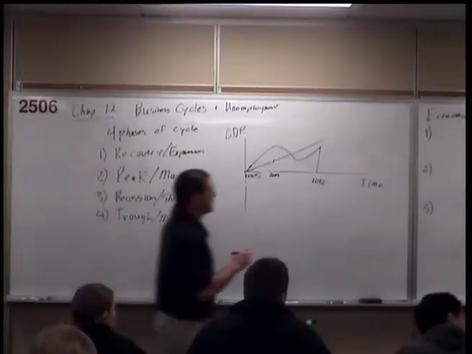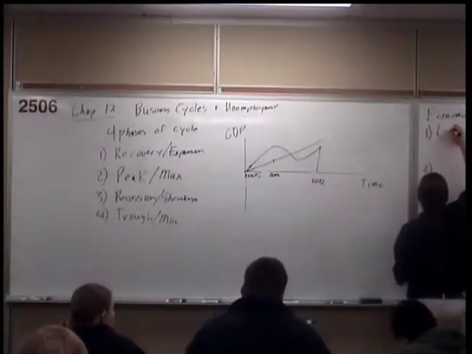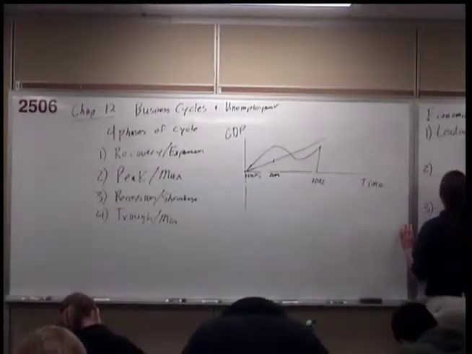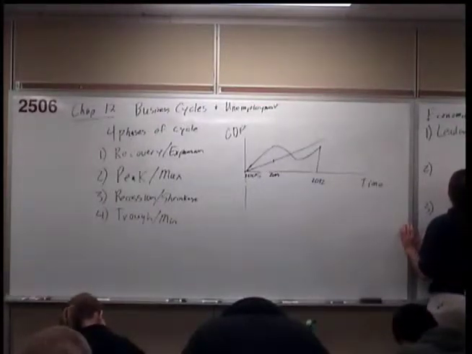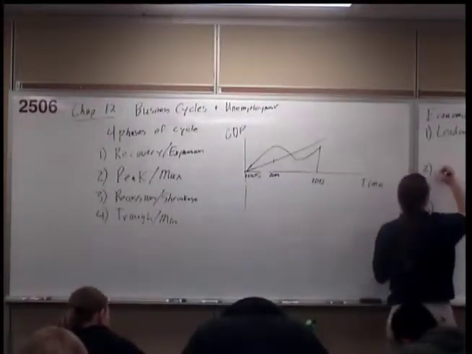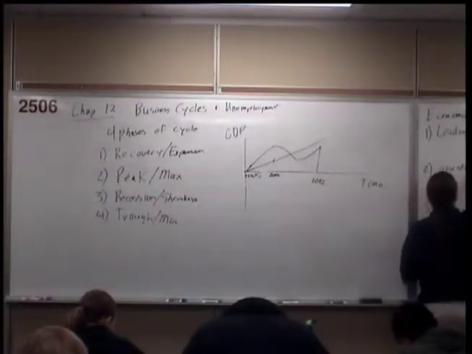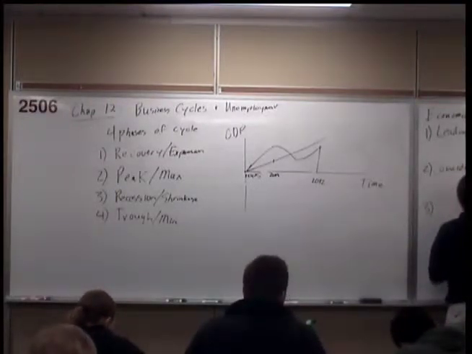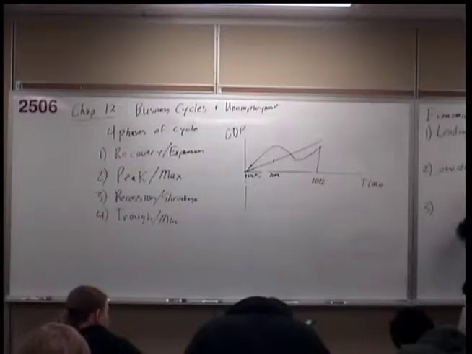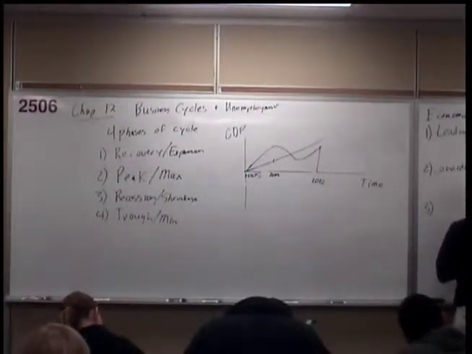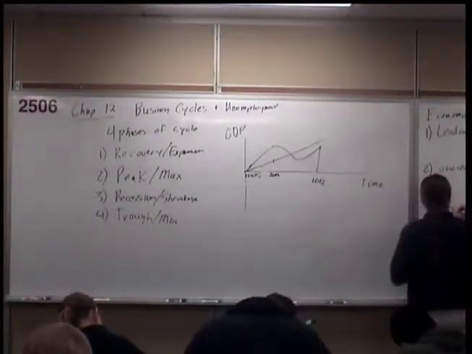There's just 3 different types. Leading indicators. Give yourself room so you can explain. Coincident indicators. Indicators, it's a D, I swear, even though it looks like a C. And lagging indicators.